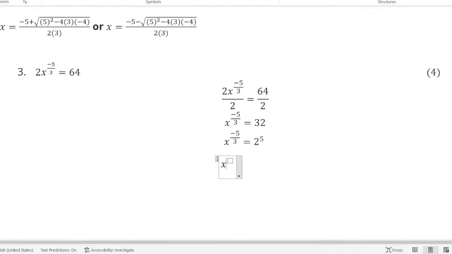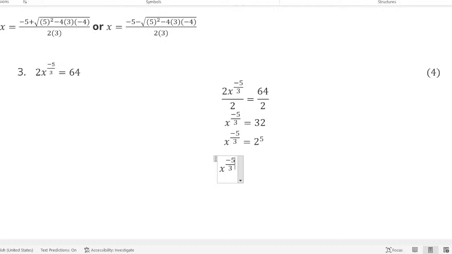We have x to the power negative 5 over 3. To be left with only x, we have to multiply by the reciprocal of the exponent.